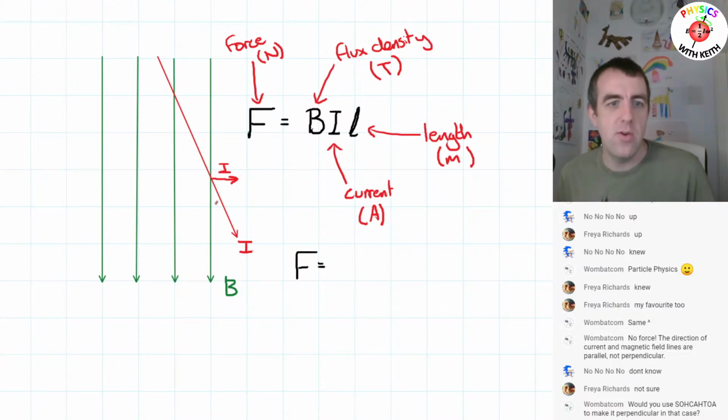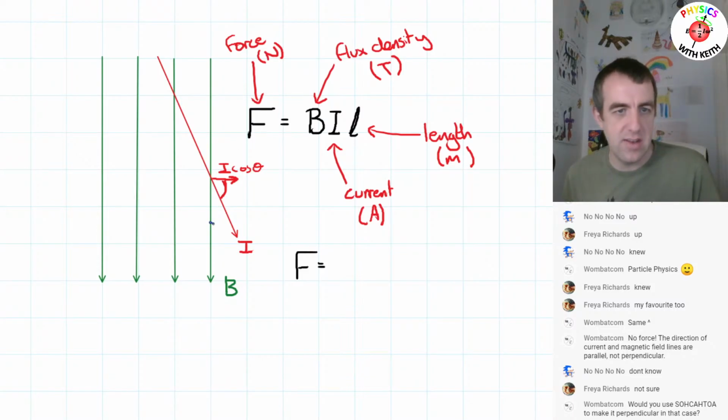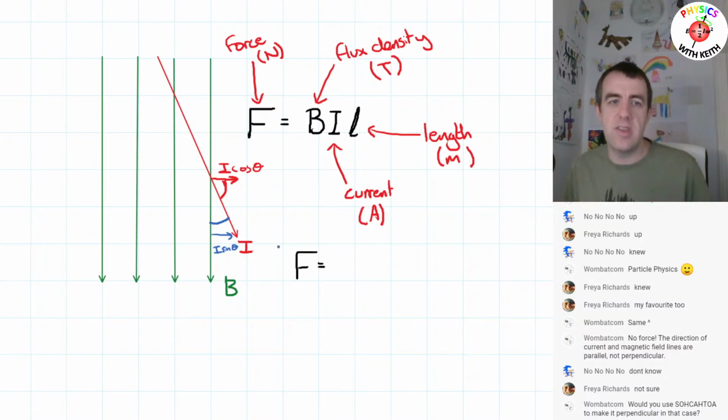So if we're given this angle, the angle that the current makes to the perpendicular, then this here is just going to be I multiplied by cosine of that angle. But if we were given this angle instead, then this part here is going to be I sine of the angle.